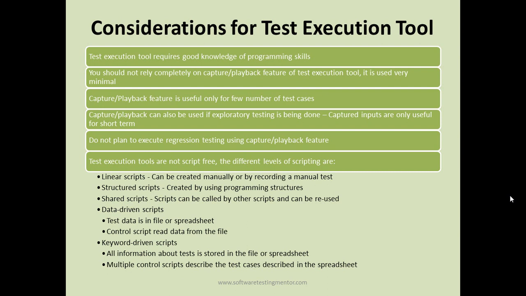So you have the test case in Excel spreadsheet format, and multiple scripts control those keywords that have implemented the behavior for the test cases described in the spreadsheet. So this is a very basic consideration for test execution tools and the different levels of scripting that are supported by the test execution tool or test automation tool.